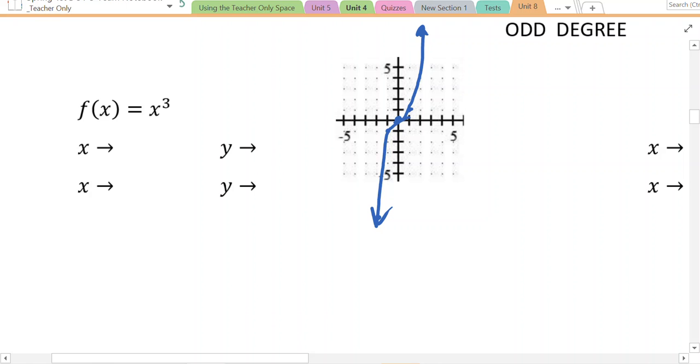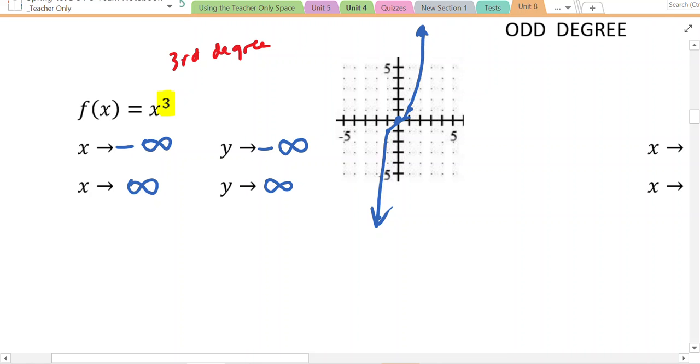Okay, as x goes to negative infinity, y goes to negative infinity. As x goes to infinity, y goes to infinity. You already knew that, but let's look at this. This is third degree, which is odd.